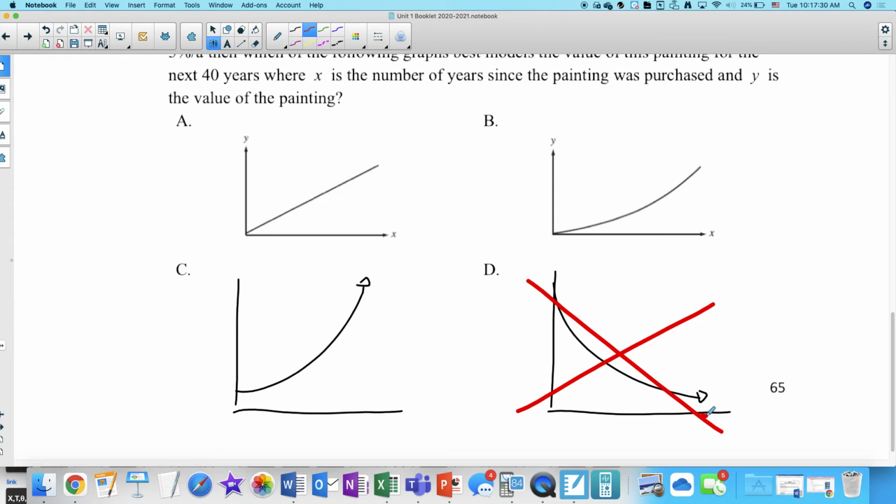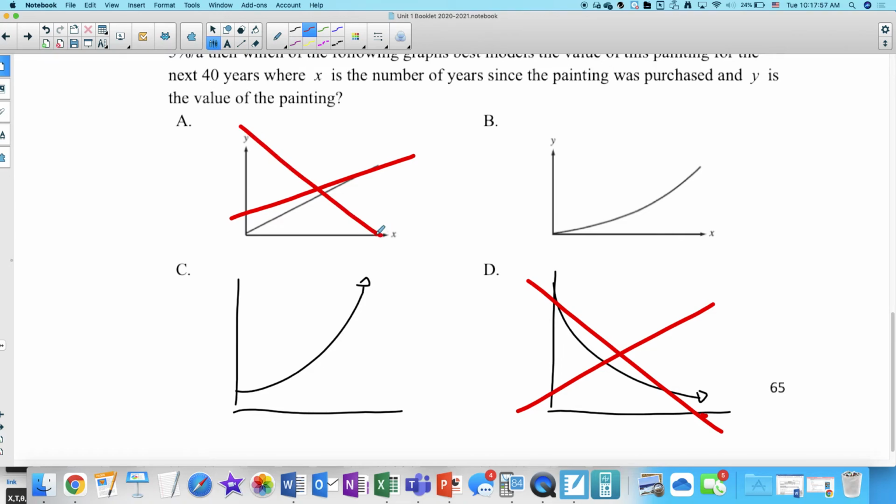What are you going to have the next year? 105. Okay, the year after that, it's 105 plus 5% of 105. Yeah, so it's not linear.